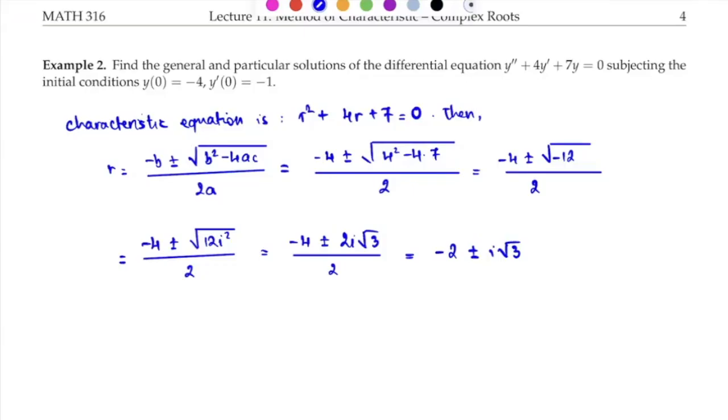Okay. Then from here, you can deduce that lambda is equal to negative 2 and mu is equal to square root of 3.